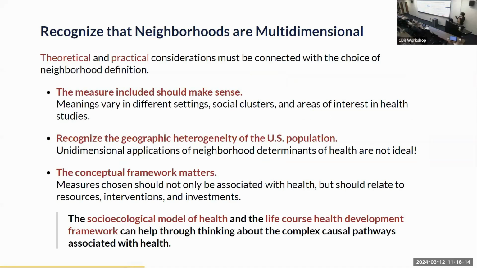So before you even start to think about employing any of these approaches, I don't think this is something I have to sell to everybody in this room, right? We all know that neighborhoods are multidimensional. So you have to think about, in terms of choosing your variables, what are the actual theoretical and practical considerations for choosing the variables that you are using for your research question or whatever it is that you're doing, right?